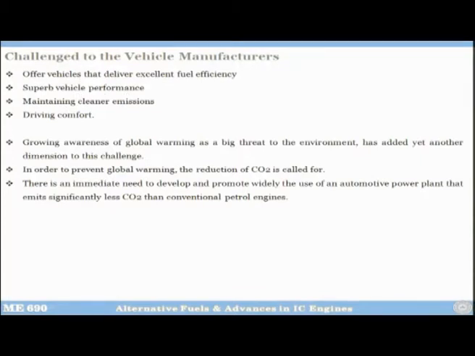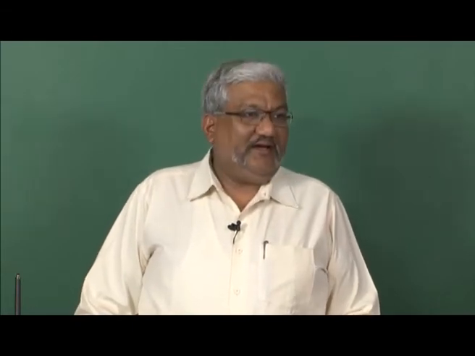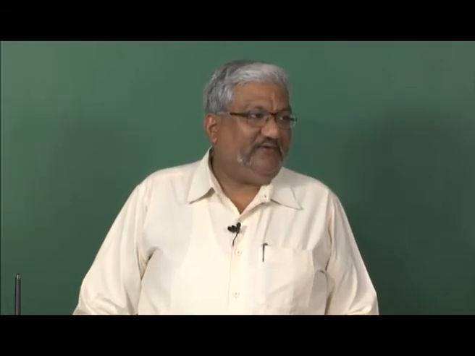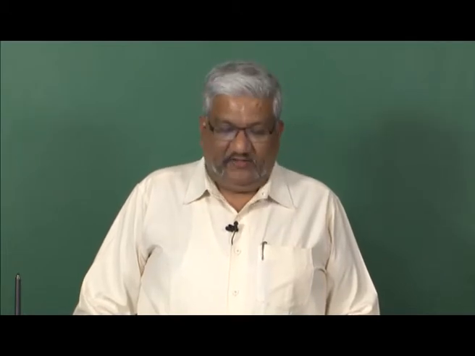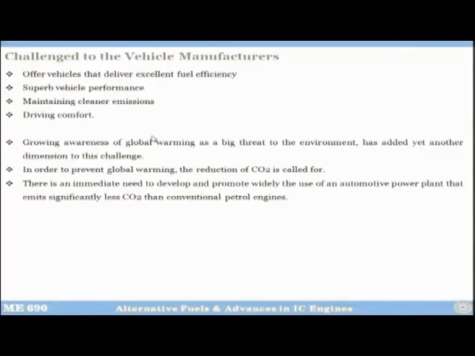So, if you go to the market and you get a vehicle which is not giving good enough acceleration, if you go to highway, it takes a lot of time to go to 100 kilometers an hour, you are not going to buy it, whatever may be the fuel mileage. So these are contradictory requirements. You want better fuel economy, but at the same time you want fast acceleration, and the government also wants something. The government will not allow the vehicles to be sold if they are not meeting the emission norms of the day.